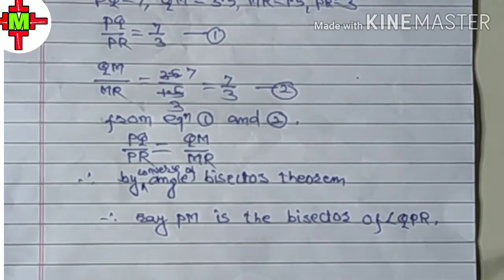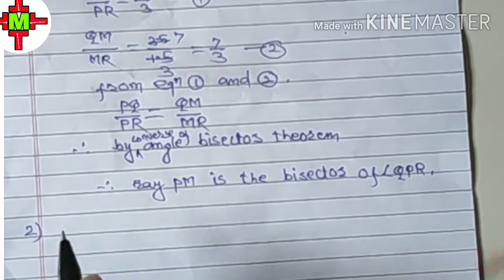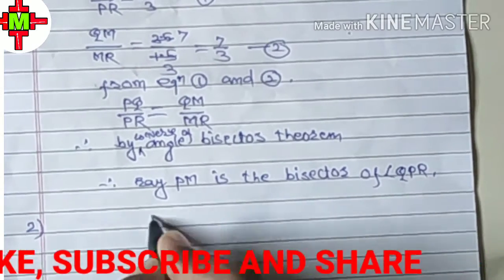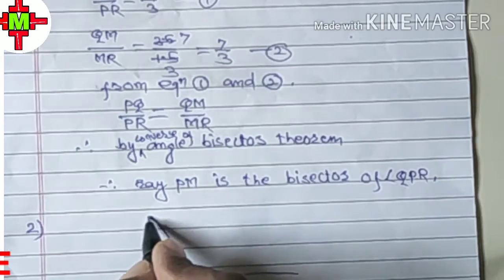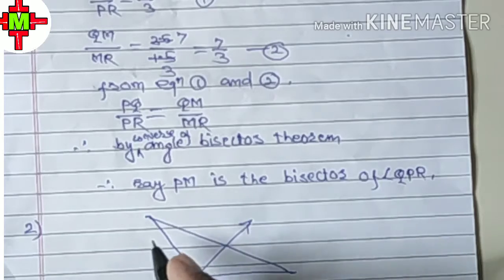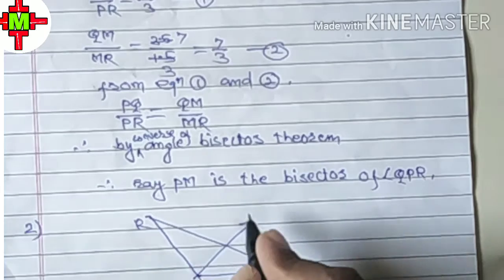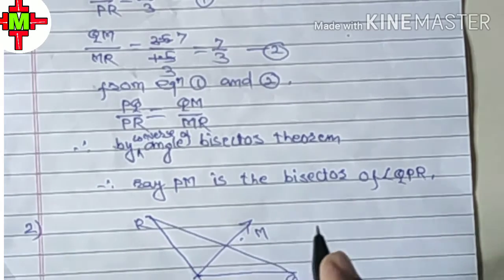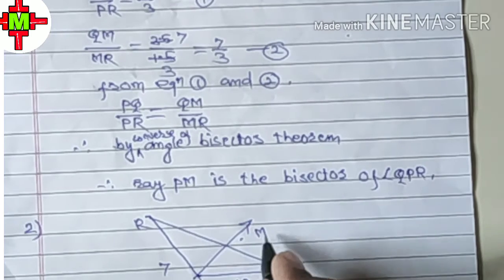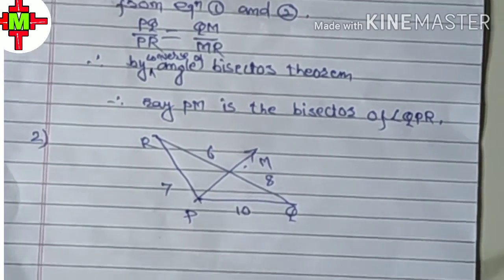Now second, number 2. See the figure. Again, triangle PQR is given to you. Ray PM, PR 7, PQ 10, MQ 8 and RM 6.